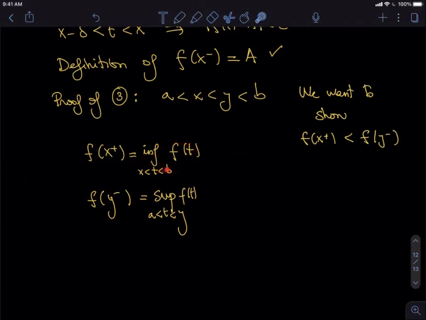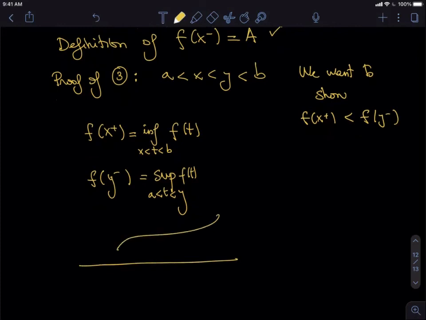This is an infimum, so it should be less than the supremum, but there is a problem because there is a bit of a mismatch here, you see? There is an x in one, the other one has a y. So that's not going to work. But we can adapt.